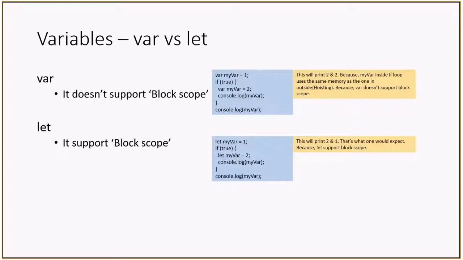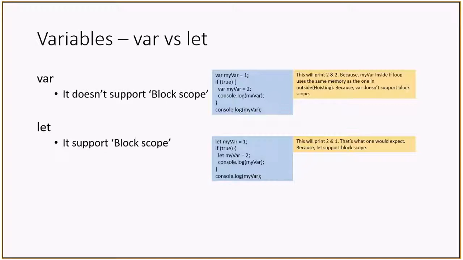You can't have curly braces, include a variable inside and expect it to be an isolated pod. No, it's not isolated. It just messes with the function scope, or the global scope, depending on where your code is. So the main reason is that var doesn't support block scope.